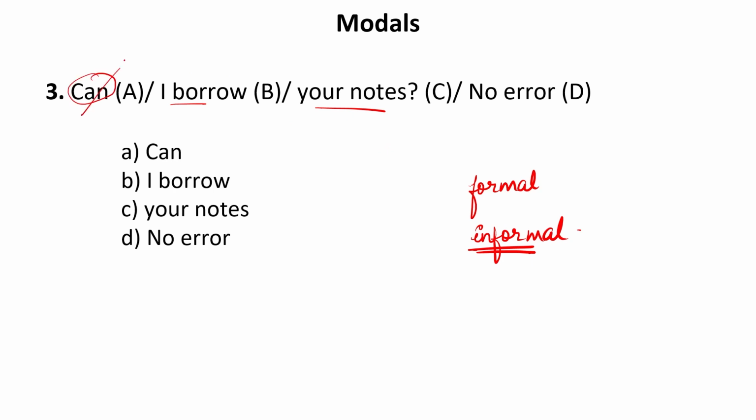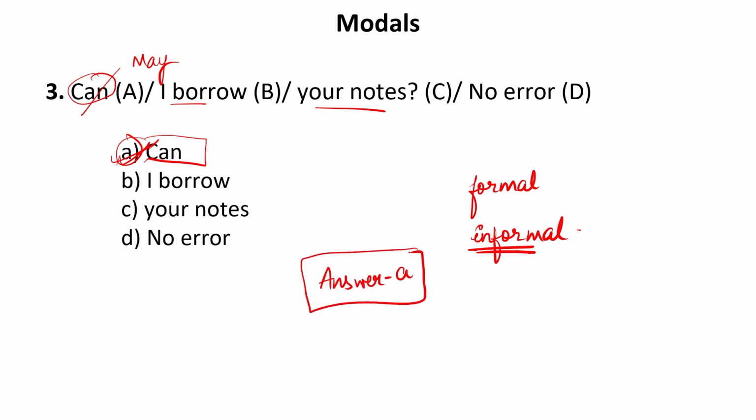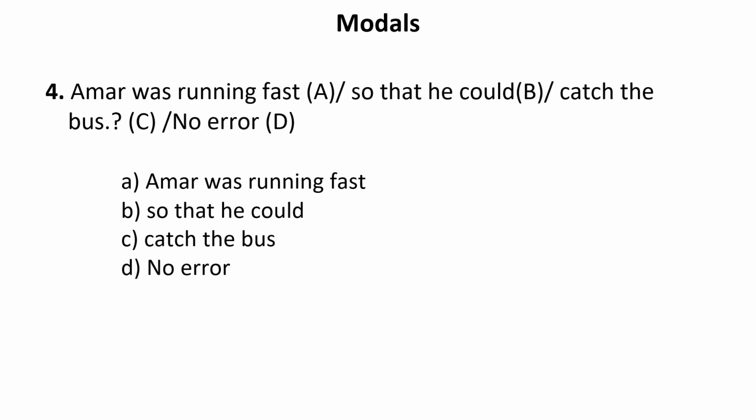So can should be replaced with may. That is, may I borrow your notes? So the error is in part A. Can should be replaced with may. Now let us move to the next one.